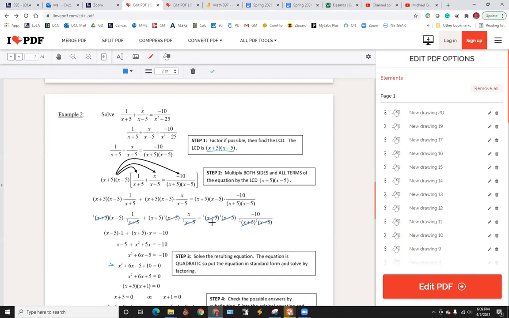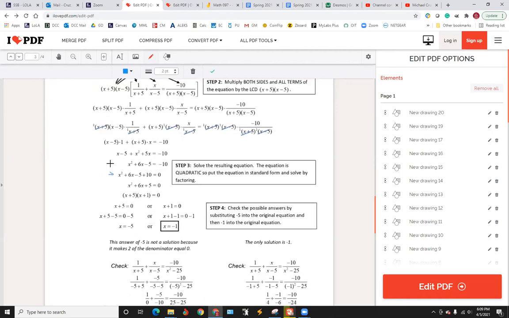And on the extreme right-hand side, everything goes away but the negative 10. So 1 times that is just x minus 5. This is times x, so that's x times x is x squared. x times 5 is 5x, bringing down the negative 10.